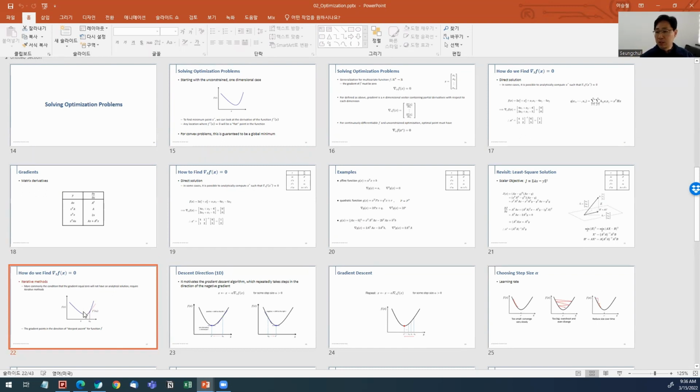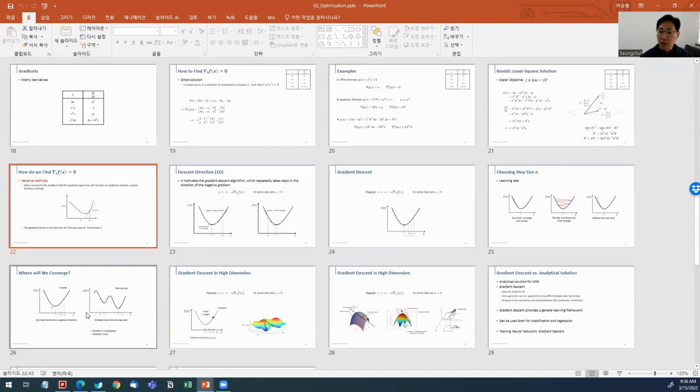One example of an iterative method that I showed you is the gradient descent method. It's very intuitive. Since we don't know the optimal solutions, start with a random initial point and compute the gradient, which gives us the direction for the next update of the decision variable.